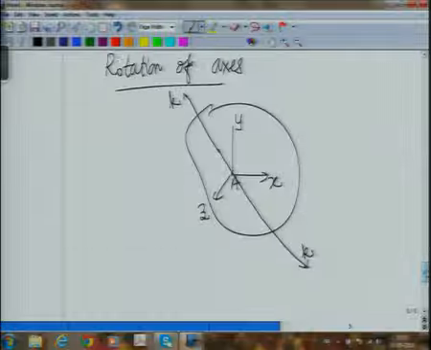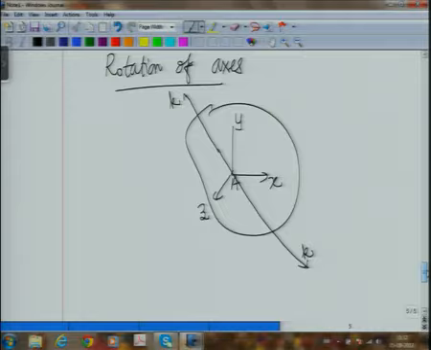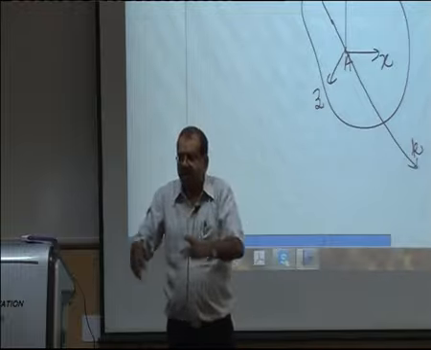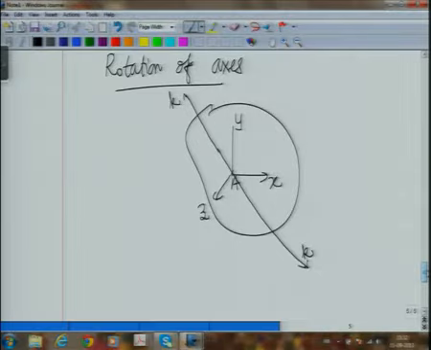Is this clear? So what I have done so far: there is a point A, I have X, Y, Z axes at A, and I know the inertia matrix at A. I have an axis KK, another line passing through the origin. I call that an axis.